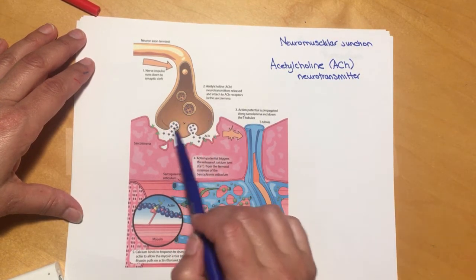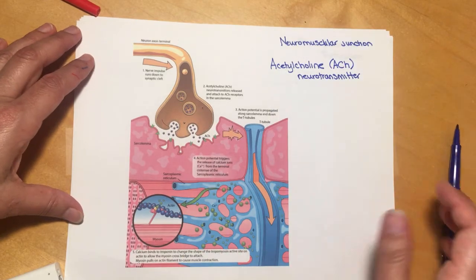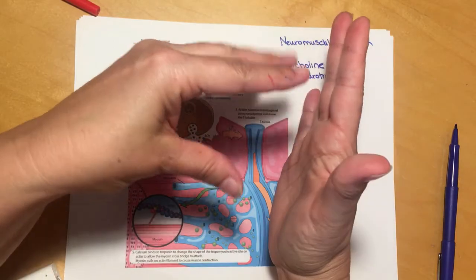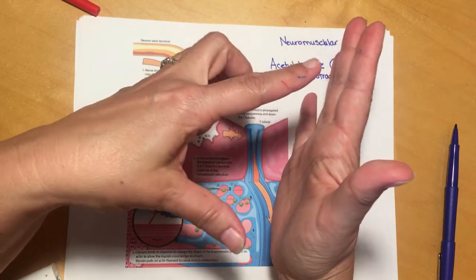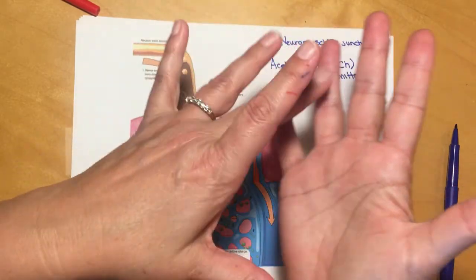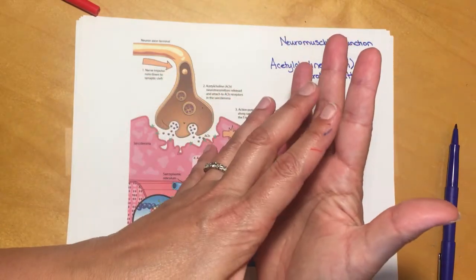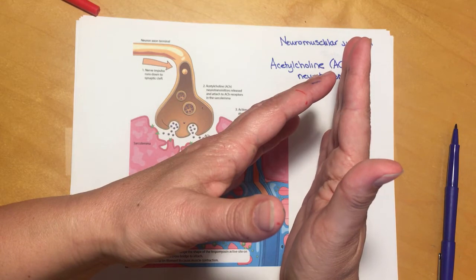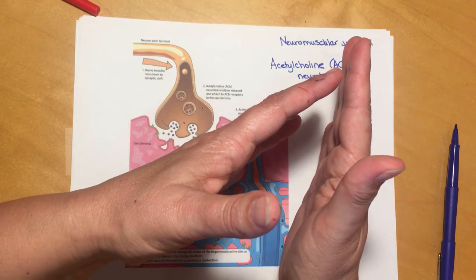Now, where the neuron meets the muscle, there's something called a synapse. So this is the neuron, and each of my fingers maybe can be muscle fibers, and each one of them is going to come close, but they're not actually going to touch. Do you see how there's a little space between them?